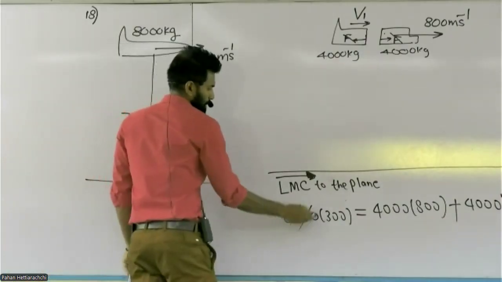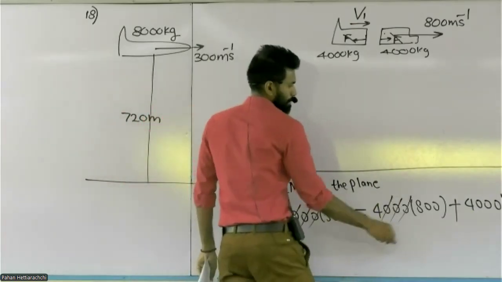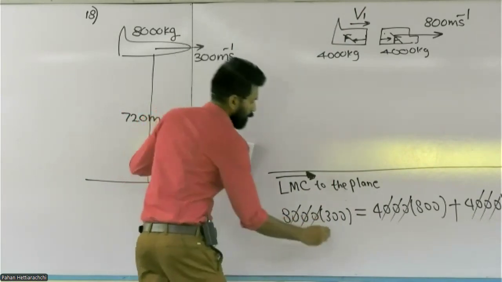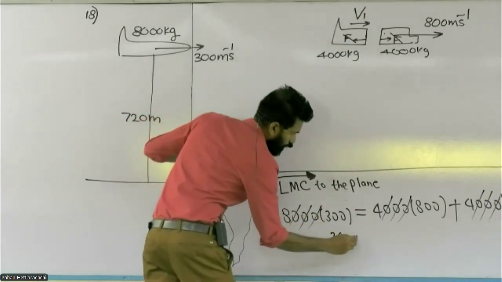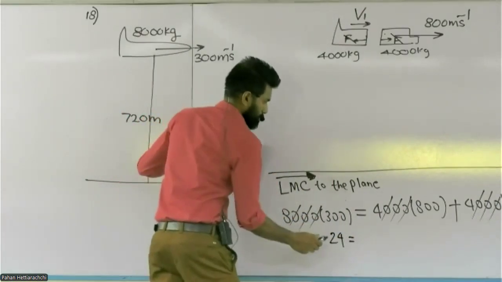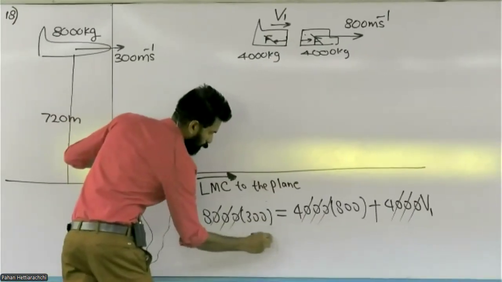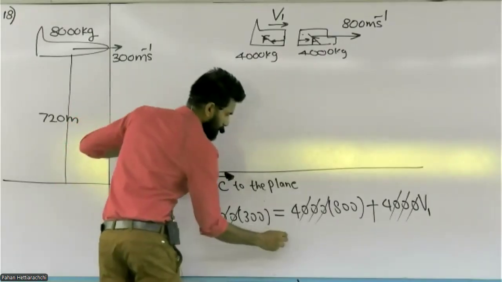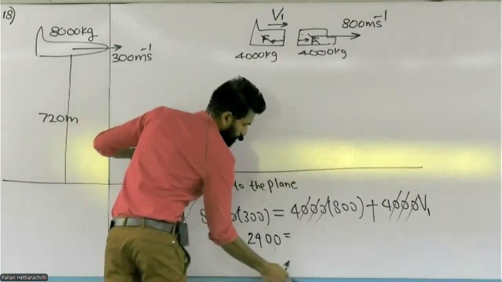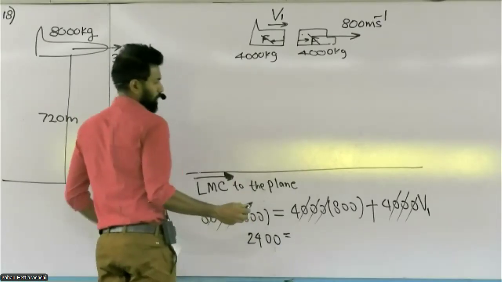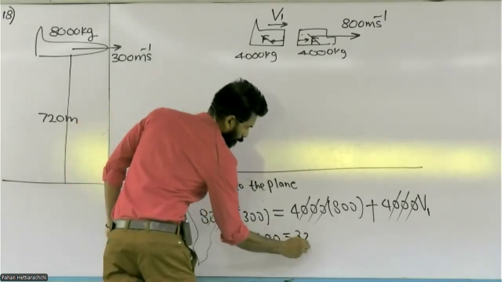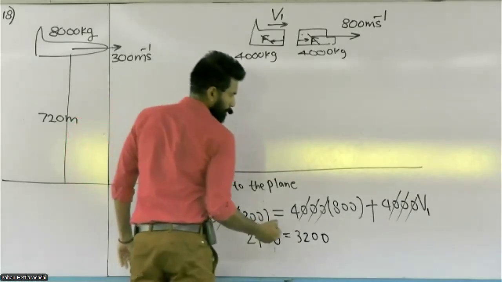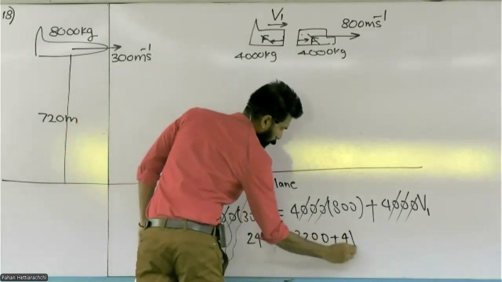I will simplify it. 2,400,000 is equal to 3,200,000 plus 4,000 V1.